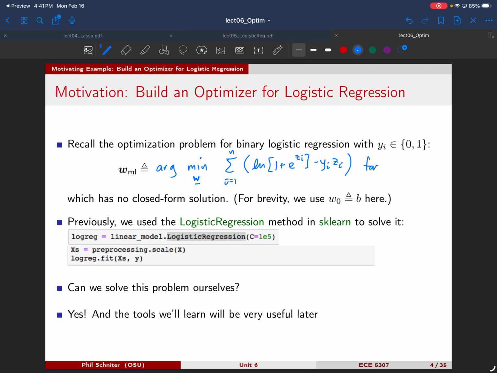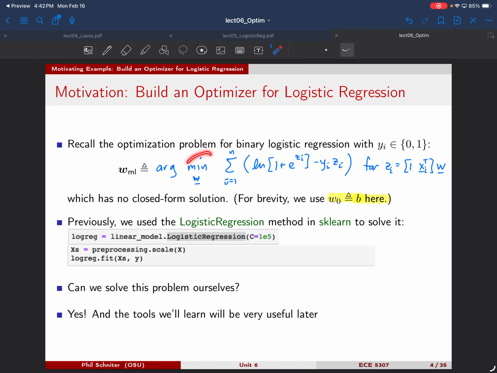And here, z of i is going to be the vector 1, xi transpose times the vector w. What I've done, just to make the notation a little bit easier, is rather than giving the bias a different symbol b from the weights w, I just defined the 0th weight as the bias term, like what we did back in our linear regression, and then we augment the features with the one valued feature that will multiply the first element in our weight vector.